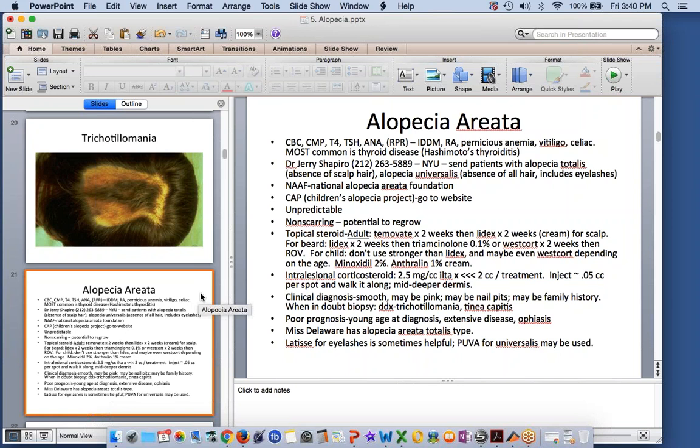So if you're dealing with a chronic condition, do a biopsy. It's nothing that invasive.